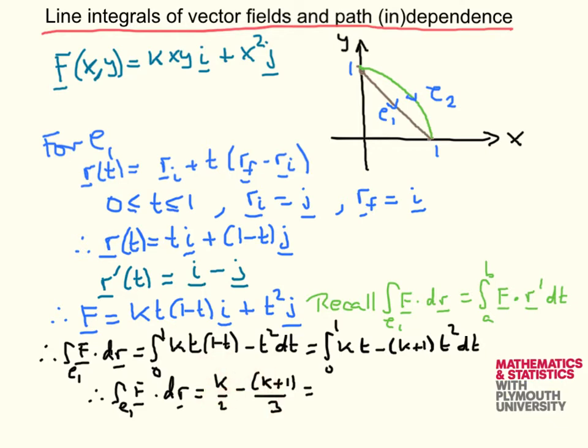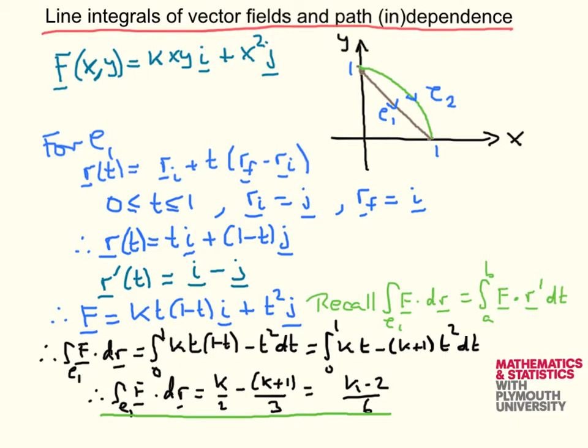That's going to give us overall a factor of kappa, and then here we have minus 1/3, which is minus 2/6. So what we get is kappa minus 2 all over 6, and that is our answer for the first path.